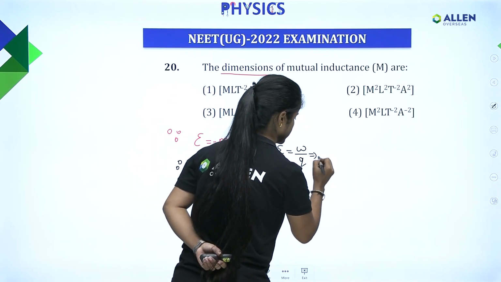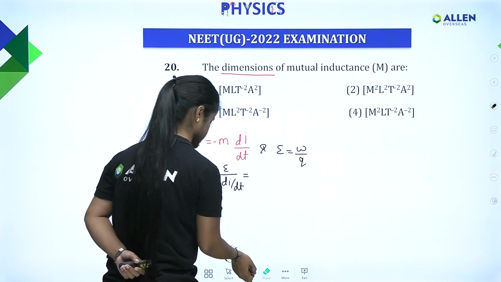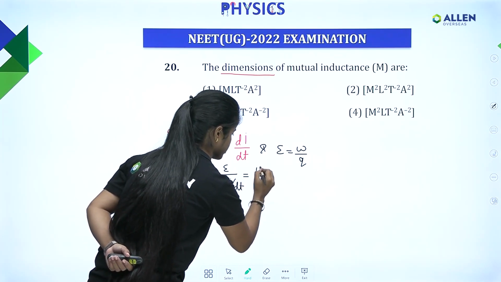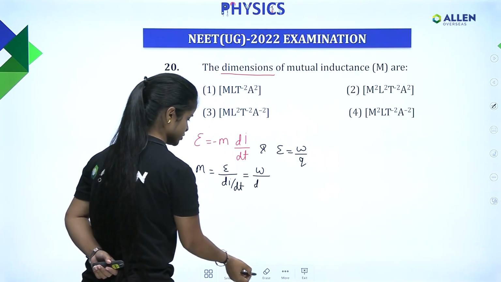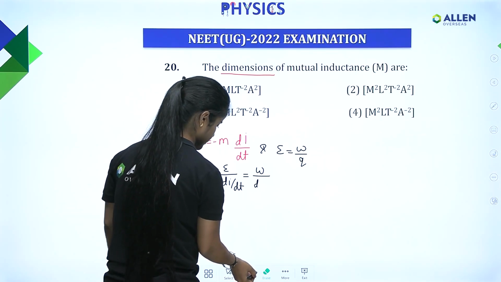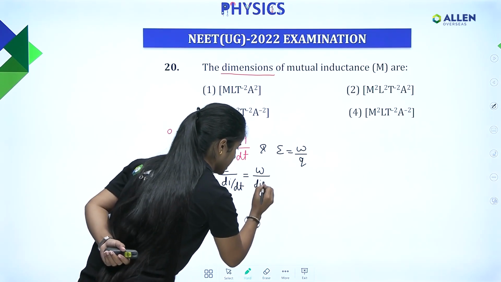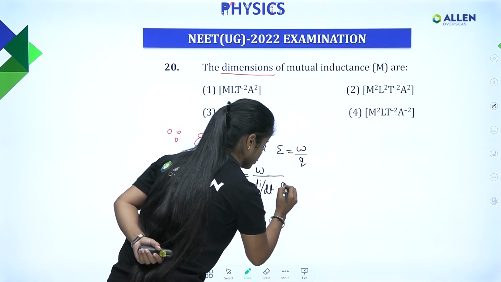So in place of E, I am going to write W, and in place of di by dt, I am writing only the dimensional formula, and then here it will be Q also.